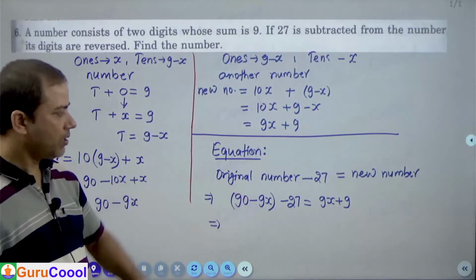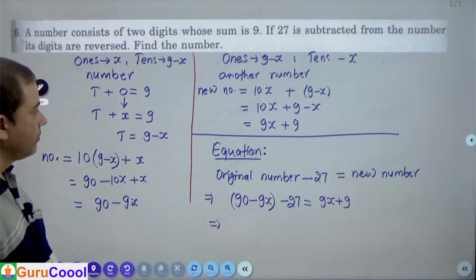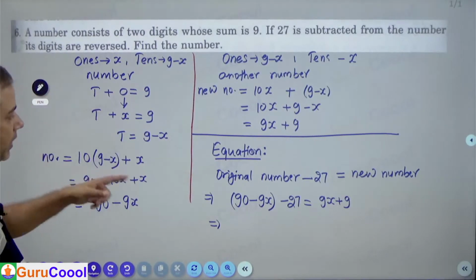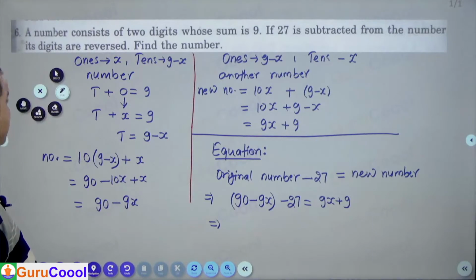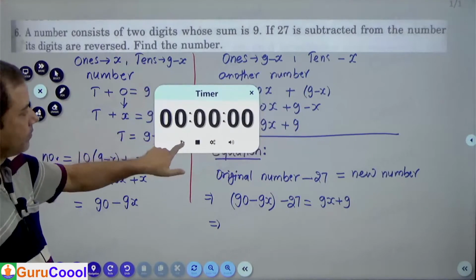Do you think you can solve it to find the value of x? Take 2 minutes and solve it. Tell me what is the value of x. I'll wait for 2 minutes. Solve it.